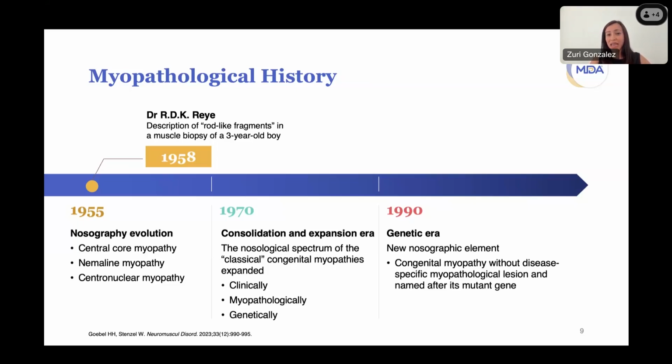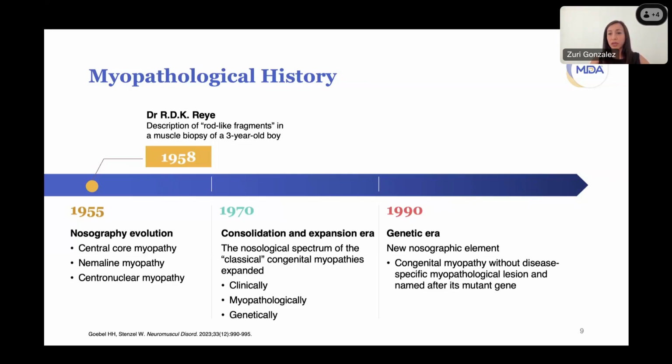Later on, when this same 3-year-old boy was reevaluated as an adult, it was found that he had a mutation in the ACTA1 gene. So now we know that the first one who described this pathological feature was Dr. Rye.